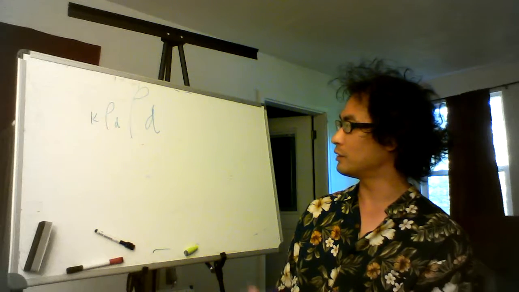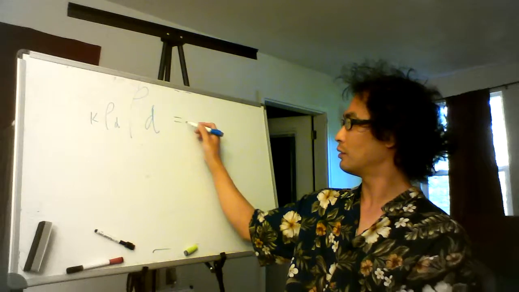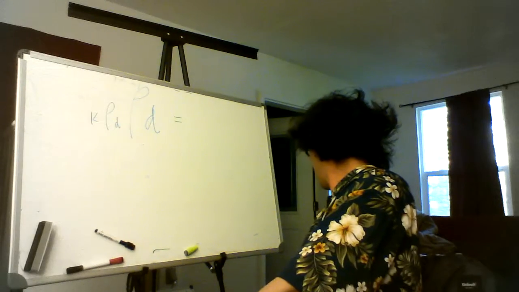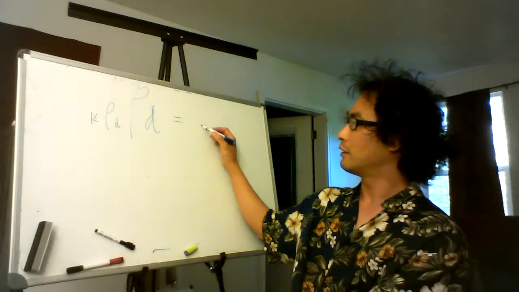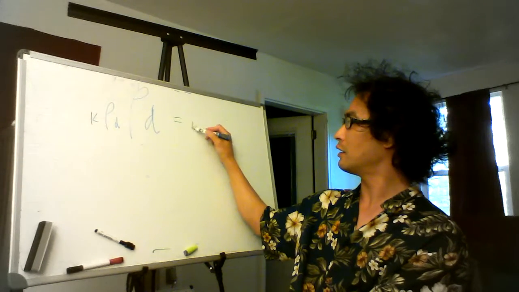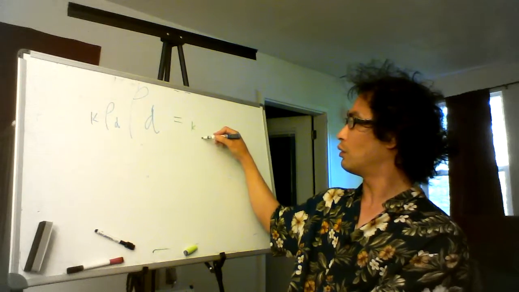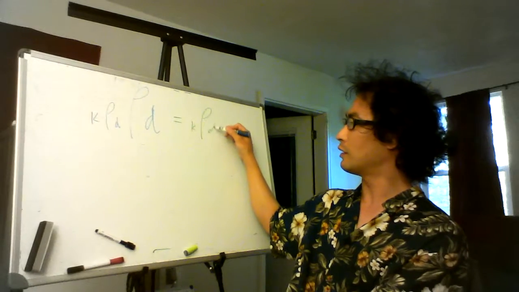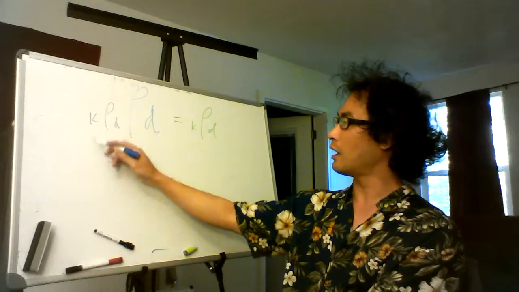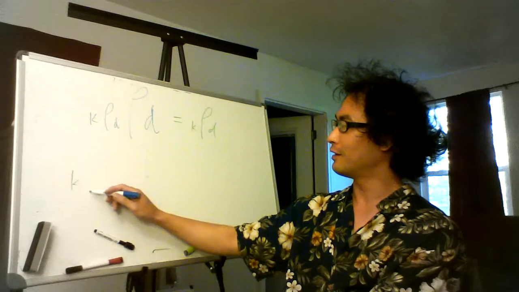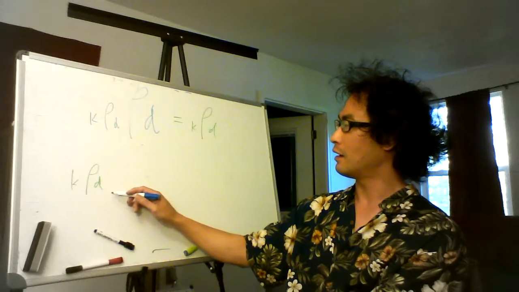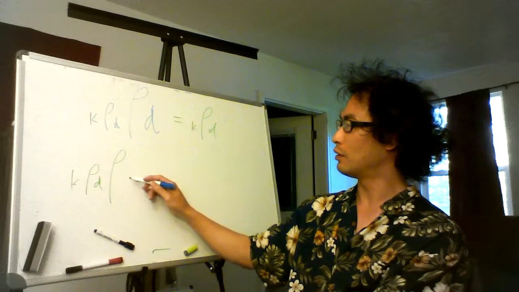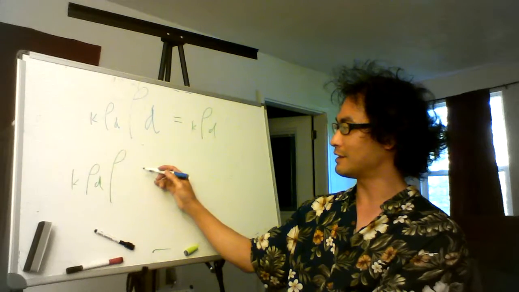We have to prove this, what? A collapsing theorem. This is K rho T. Okay, so we have K, we have rho D, and then rho, again, size matters.